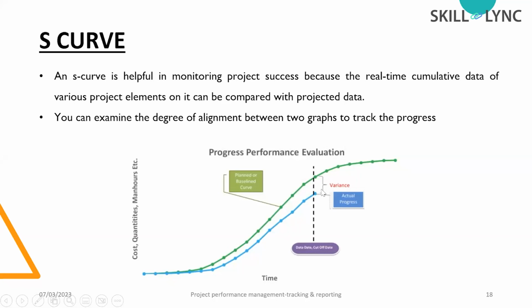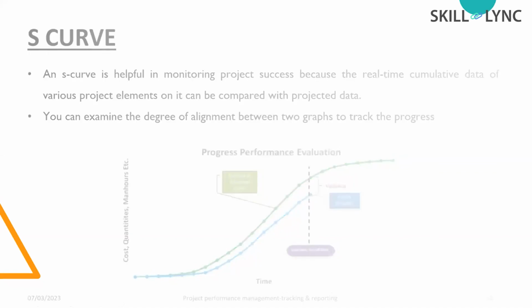So definitely there is a difference, and that difference is known as variance, and this will give you a performance evaluation. So to evaluate performance, we have two methods: one is the earned value method, and the second is the S-curve. I hope it is clear.